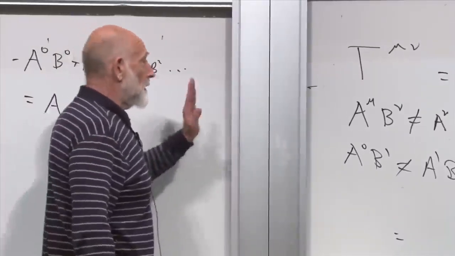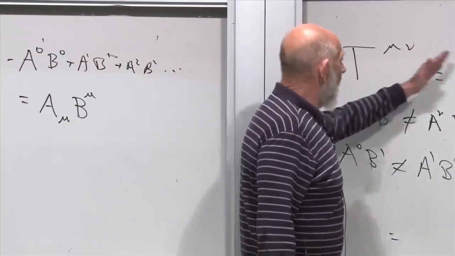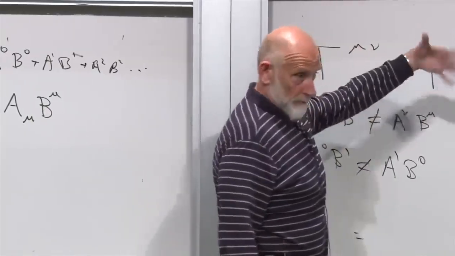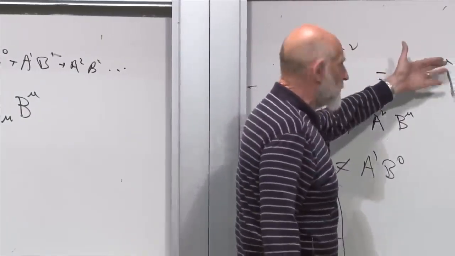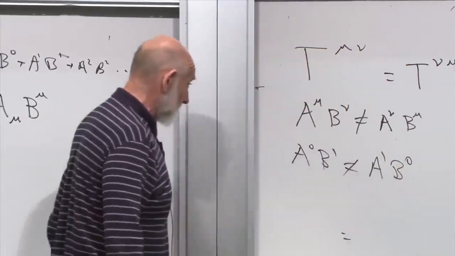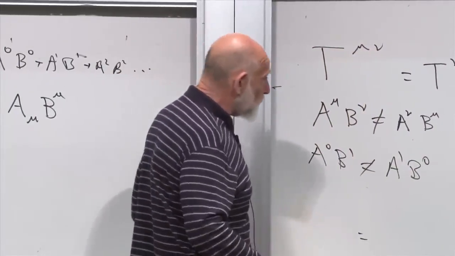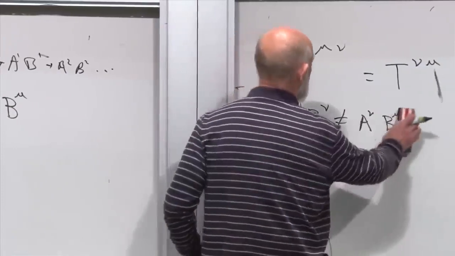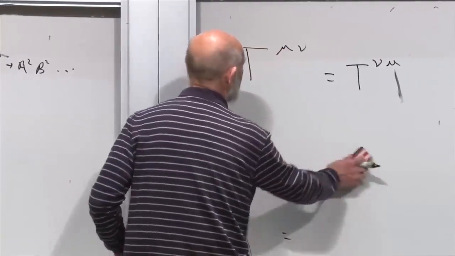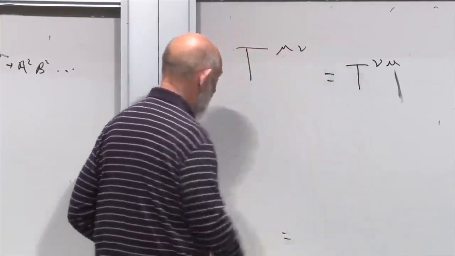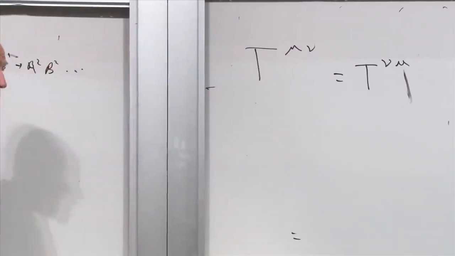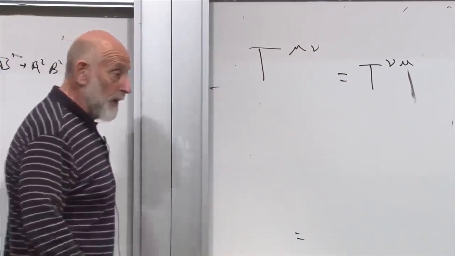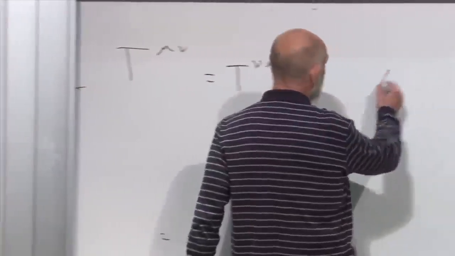So in general, tensors are not invariant under changing the order of the indices. Okay? But there is a special case called symmetric tensors. Symmetric tensors are ones which do have this property that T mu nu is equal to T nu mu. Let me construct one for you.